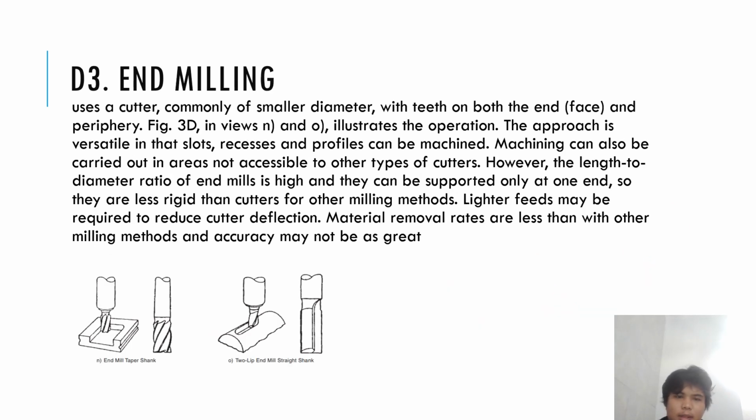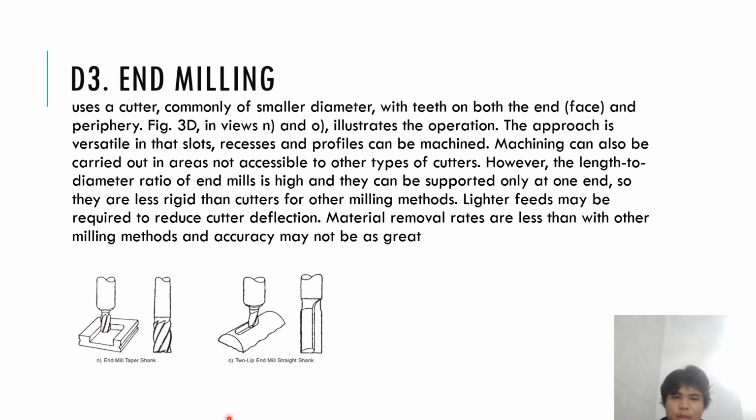And end milling uses a cutter commonly of smaller diameter with teeth in both end face and periphery. Figure 3D illustrates the operation. The approach is versatile in that slots, recesses, and profiles can be machined.